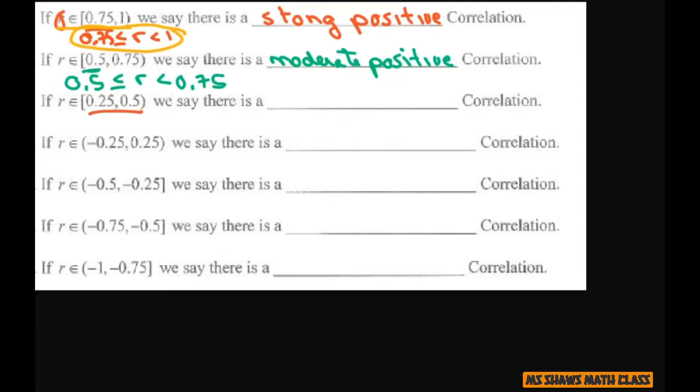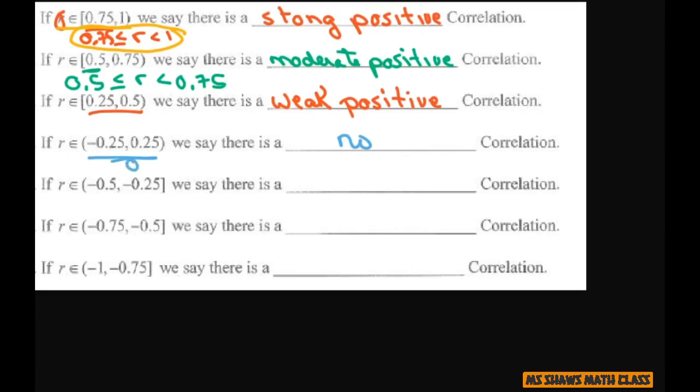And then on this one, if it's in between 0.25 inclusive to 0.5 exclusive, we call that weak positive correlation. Now, we're getting into negatives here. So if it's in between negative 0.25 and 0.25, and that's exclusive, we say there's no correlation.